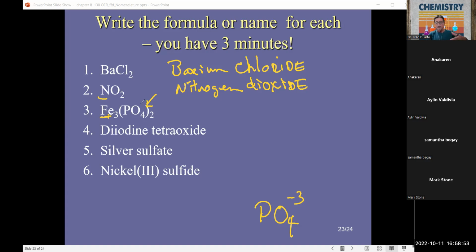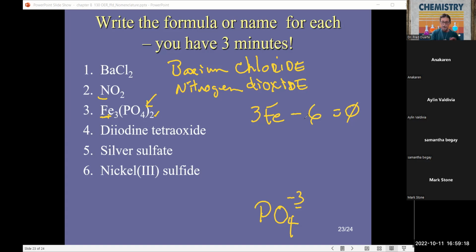So we set up a little simple algebraic equation. We have 3 irons. Okay. We know this whole thing is going to be equal to 0. We just learned that the phosphate each have a -3, and there's 2 of them. So that means there's a total of -6 for the phosphates.